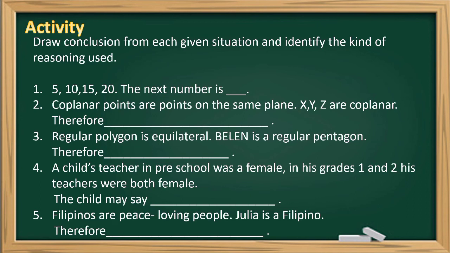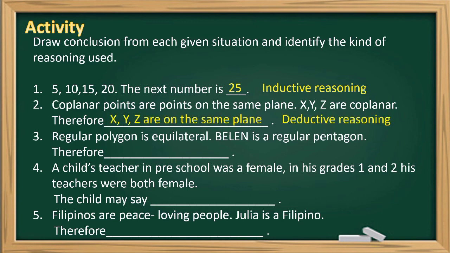Okay, let's reveal the answers. For number 1, we have the next number is 25, and it is inductive reasoning. For number 2, x, y, and z are on the same plane, and it is deductive reasoning.